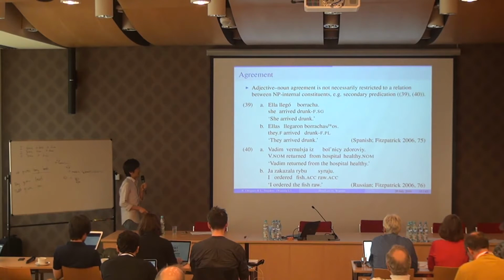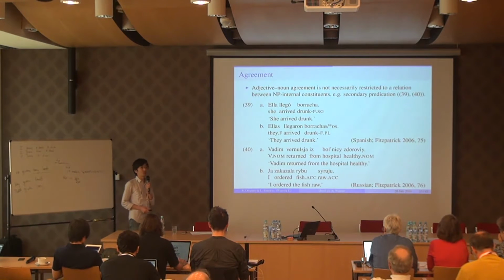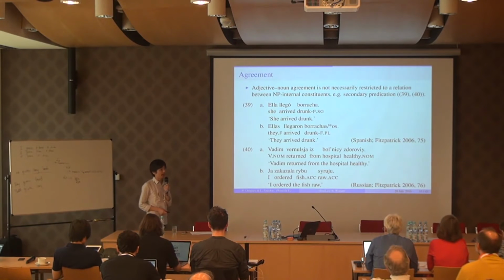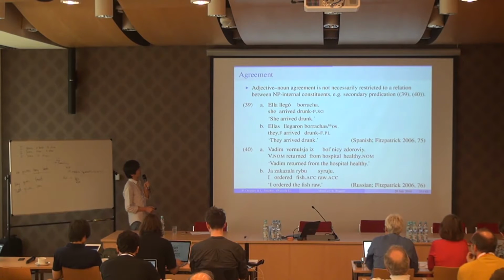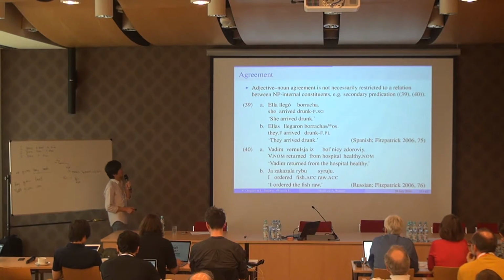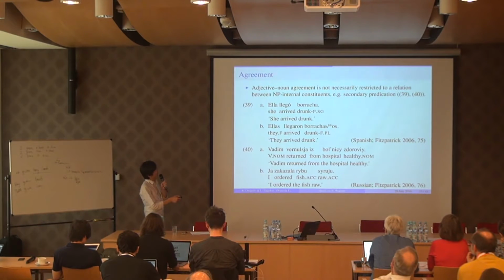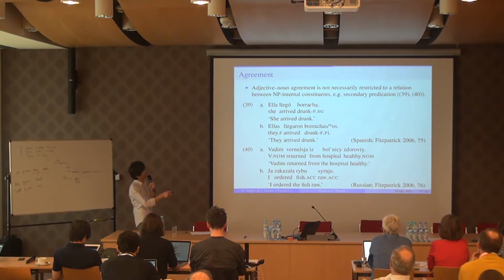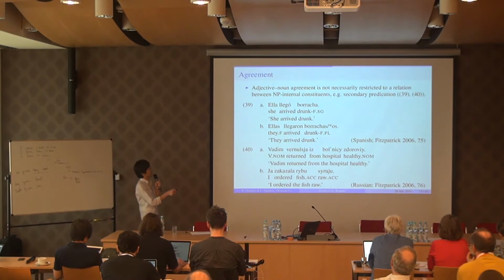And basically, as Fitzpatrick points out, we have a lot of examples where the adjective agrees with the head noun distantly. So for example, if you think about a secondary predicate, like 39 in Spanish and 40 in Russian, quite often the secondary predicate, the adjective, agrees with the head noun, a distant subject noun.